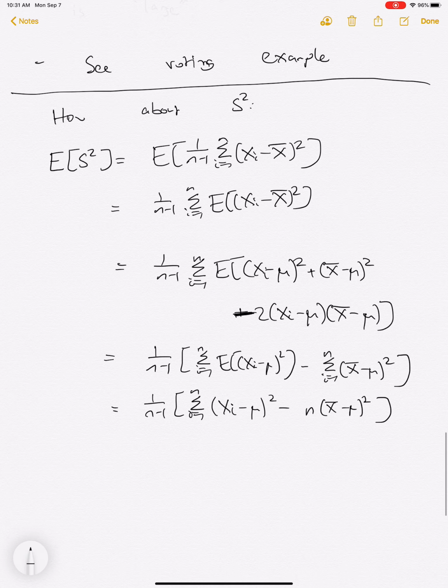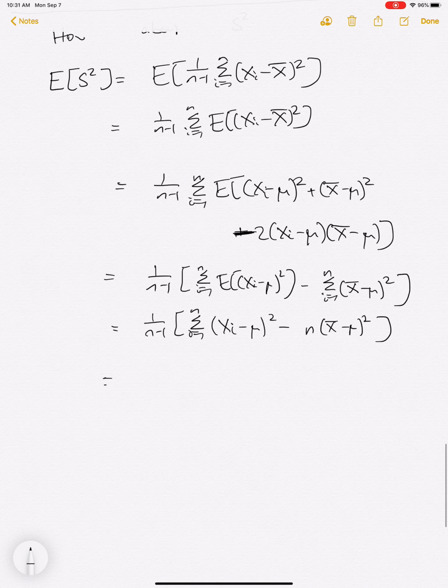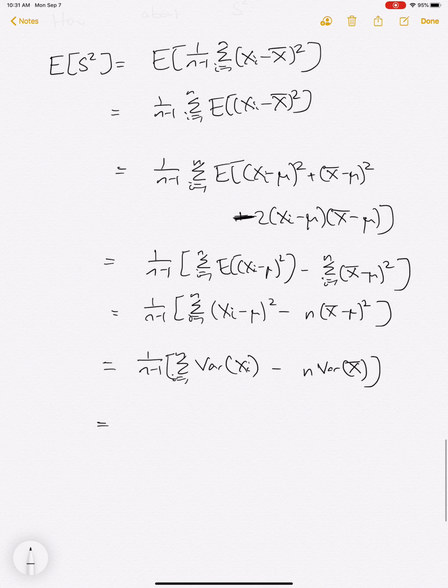okay, and so we just add up the variance of the x_i's, and then we subtract the variance of x bar, and then multiply by n. And so this gives us n sigma squared, and then n times sigma squared over n.